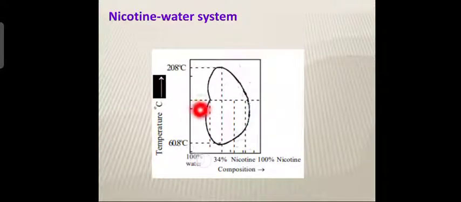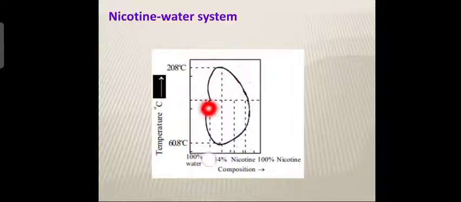That means when you increase the temperature above 95 degrees Celsius, the mutual solubility of the nicotine water system goes on increasing, and it reaches a maximum at 208. That means above this critical solution temperature you have only a single phase. Within this you have two phases.